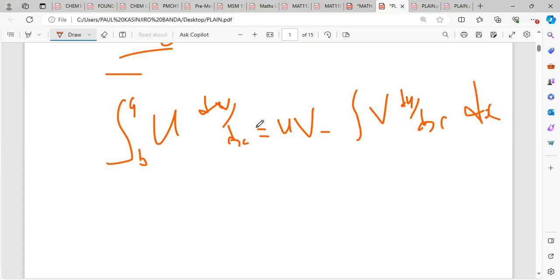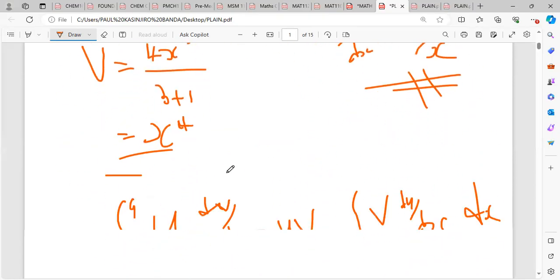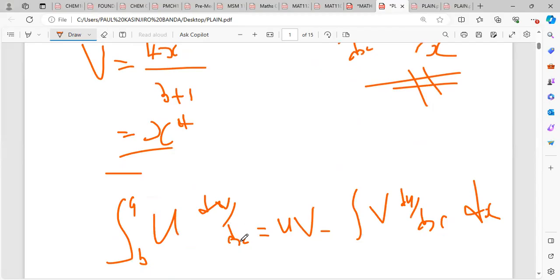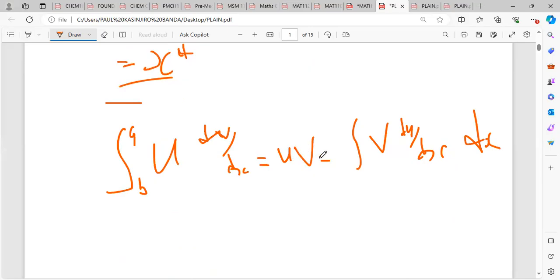So we are going to replace the u, the dv dx, the v, and the du dx.